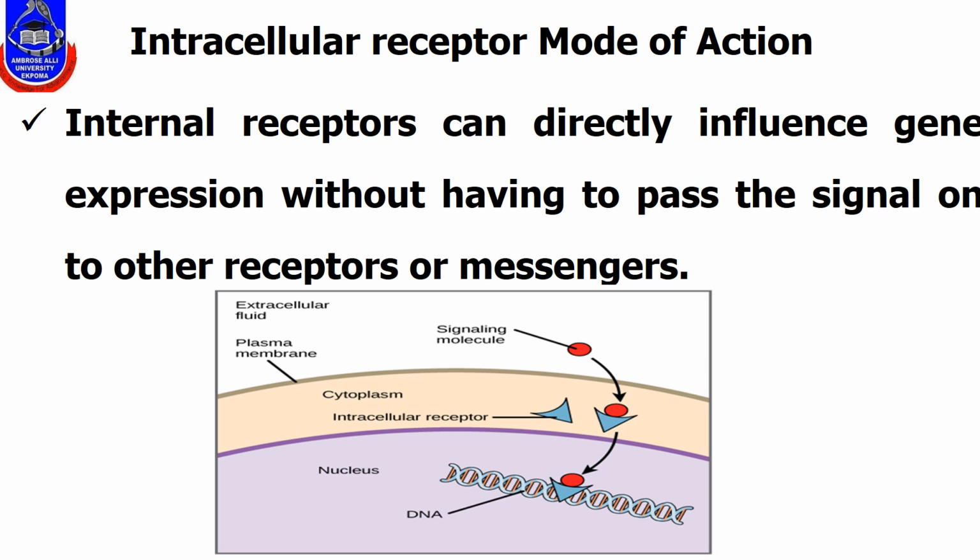So internal receptors can directly influence gene expression without having to pass the signal to other receptors or messengers. That is by way of mode of action of intracellular receptors.